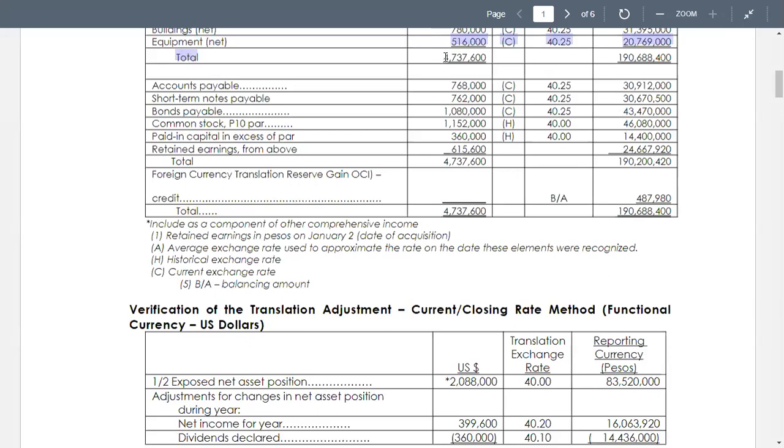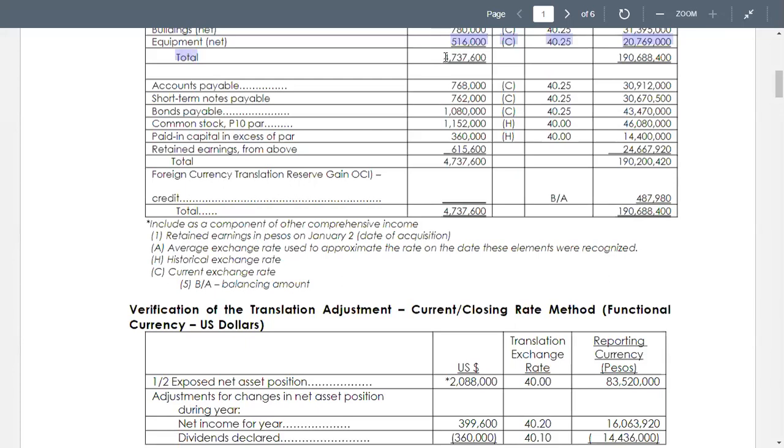So accounts payable, accounts receivable, accumulated depreciation, buildings, cash, notes payable, patents, all of this should be translated by using 0.16.